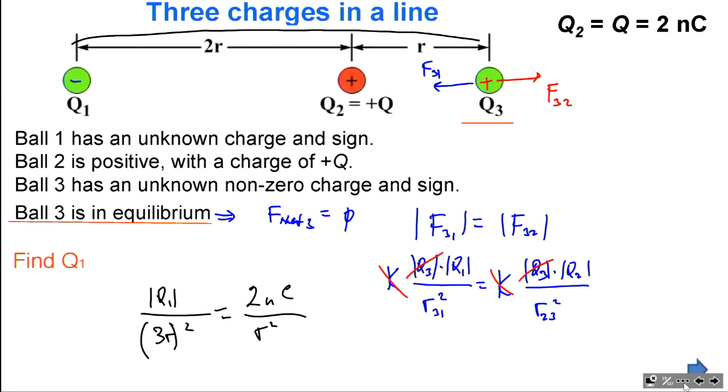And now we can make this expression simpler by canceling what? R, yeah. And that gives the magnitude of this charge. What is it? 18 nanocoulombs. But we know the actual value should be negative, right?